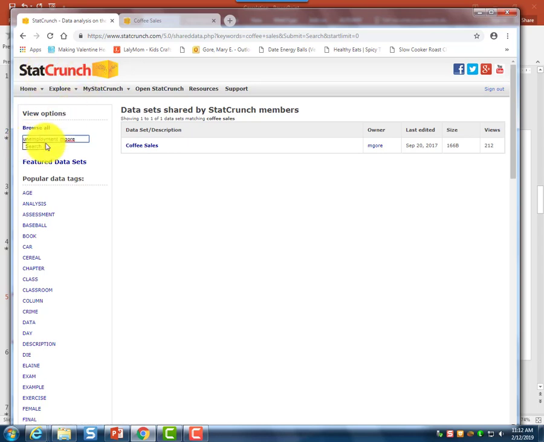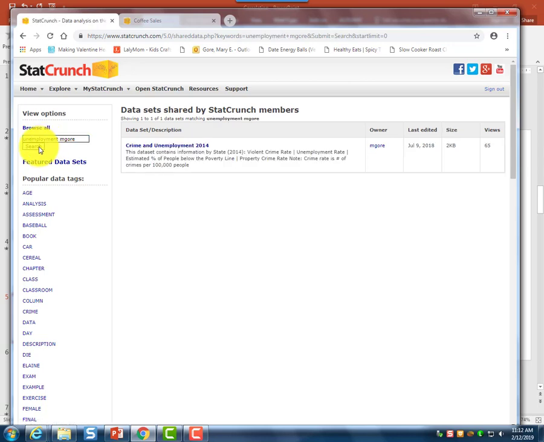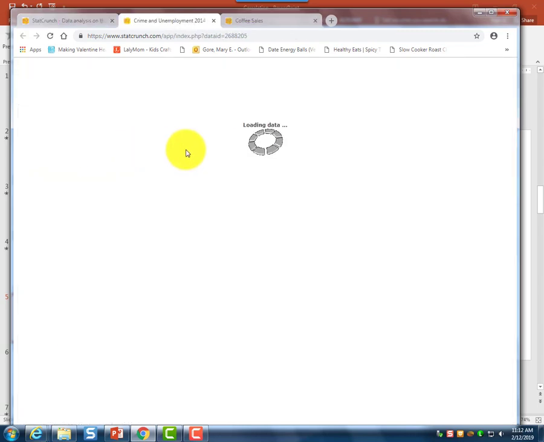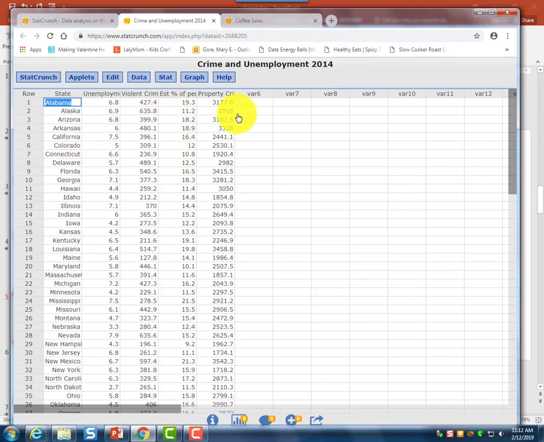That is enough of unique terms to get to this data. Oh, it is. There it is. So unemployment and M. Gore. So these were the 50 states I was talking about earlier. And I have several variables here that I was looking at, but the first two after the state name are the ones that I was taking a look at.